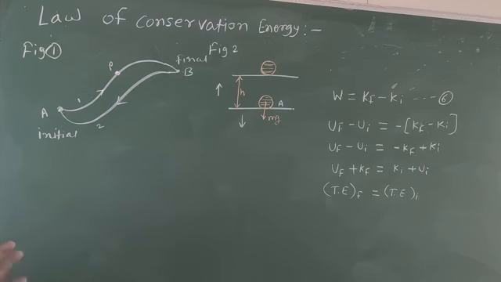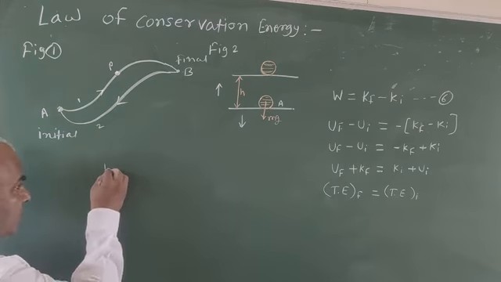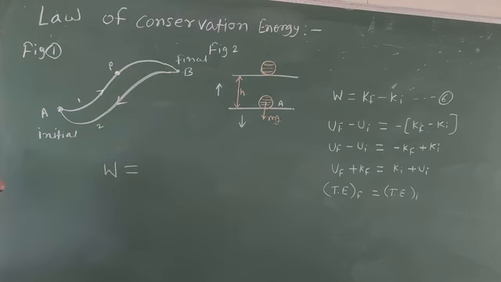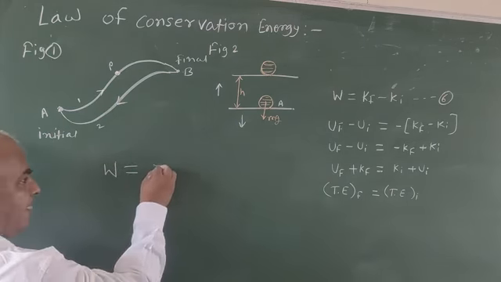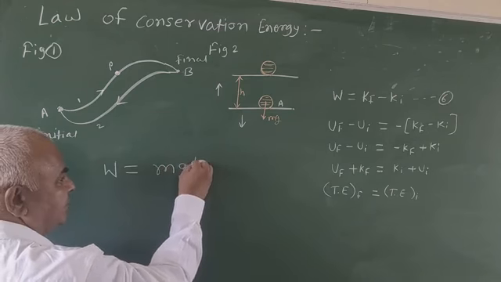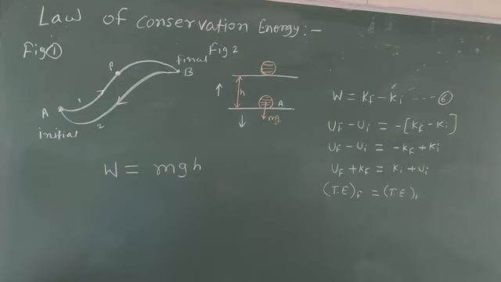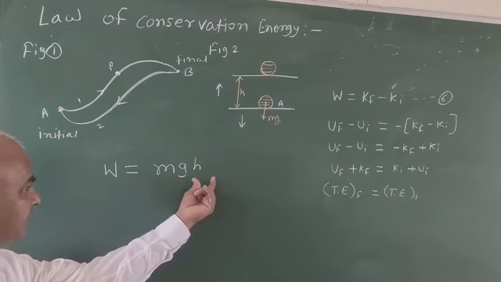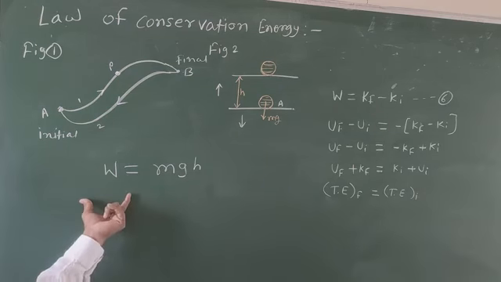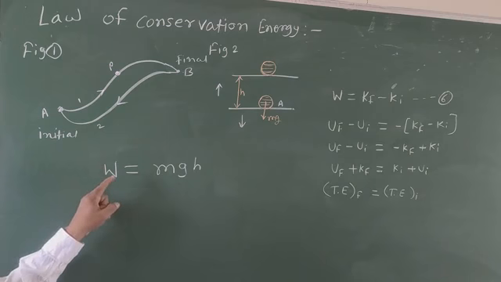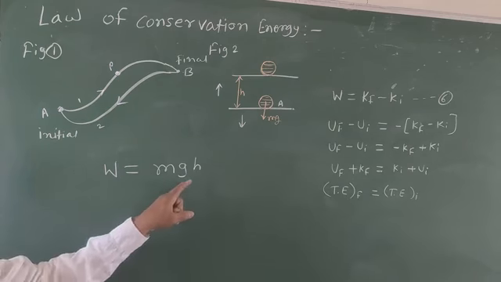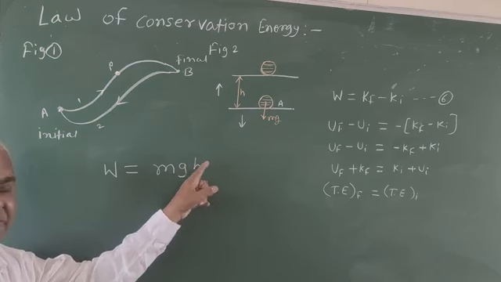That means here work should be done, and the work done during this lifting of that body is given by mg into h. As height increases, work increases. That means work is directly proportional to the height.